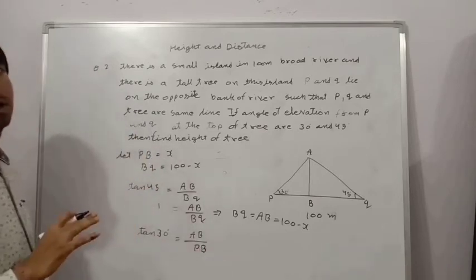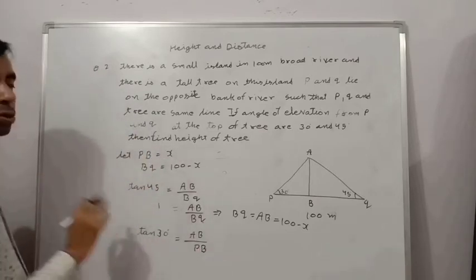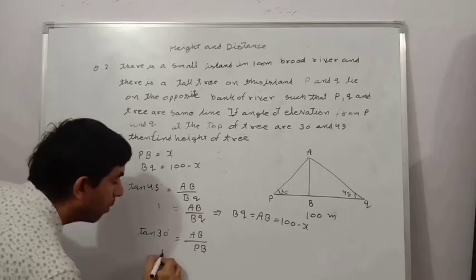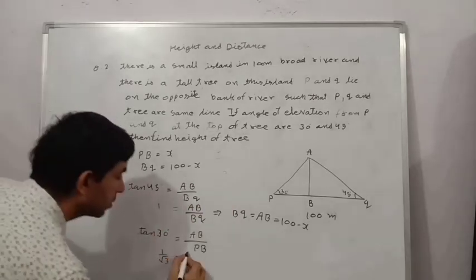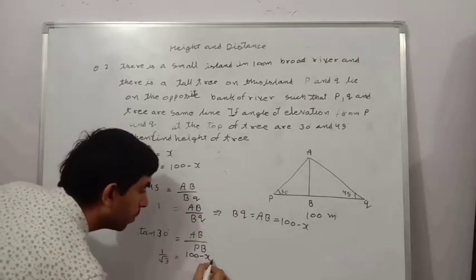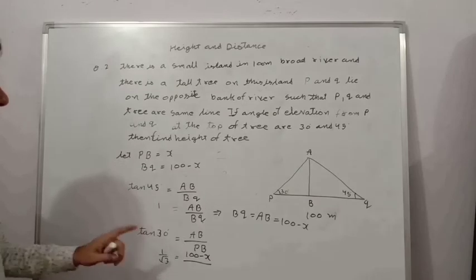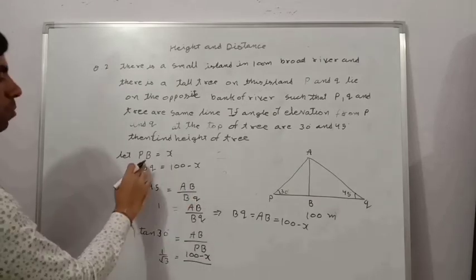Which values are in this question? So solve it: tan 30 is equal to 1 upon root 3, and AB equals 100 minus X upon PB. PB is equal to X.